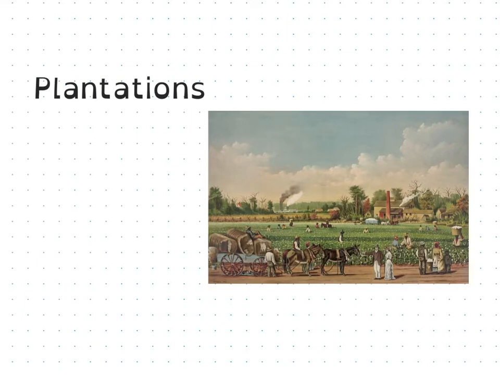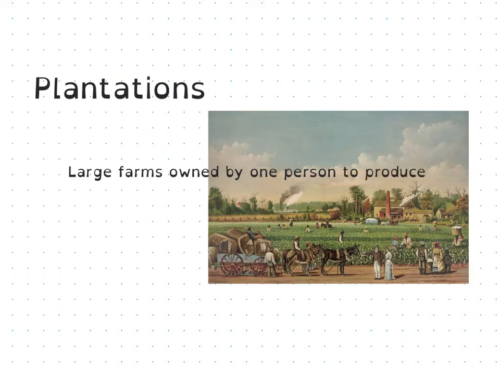And then let's talk about plantations. Plantations, again, find a spot to write this down off to the side somewhere. Plantations are large farms owned by one person to produce or to make cash crops.